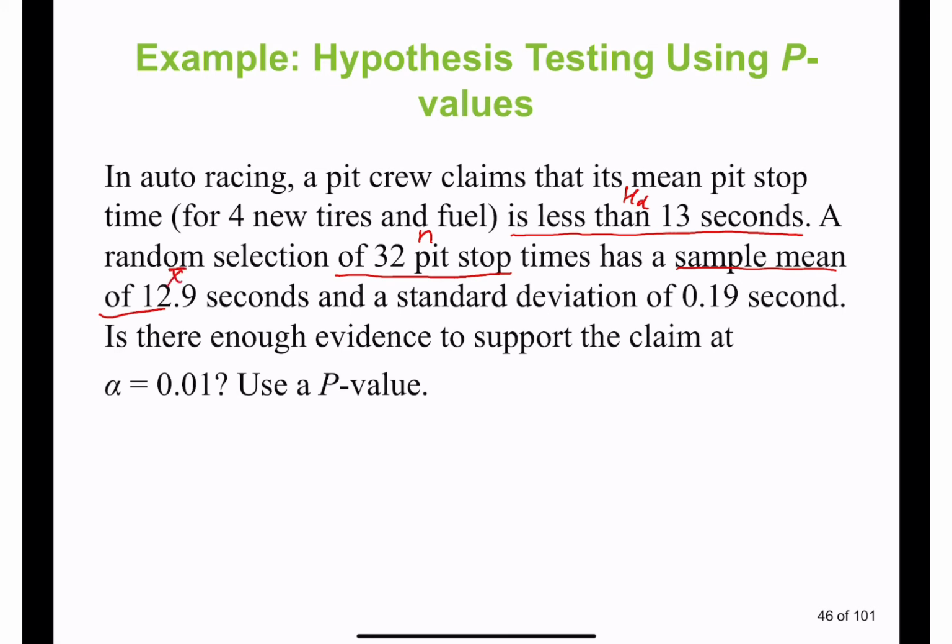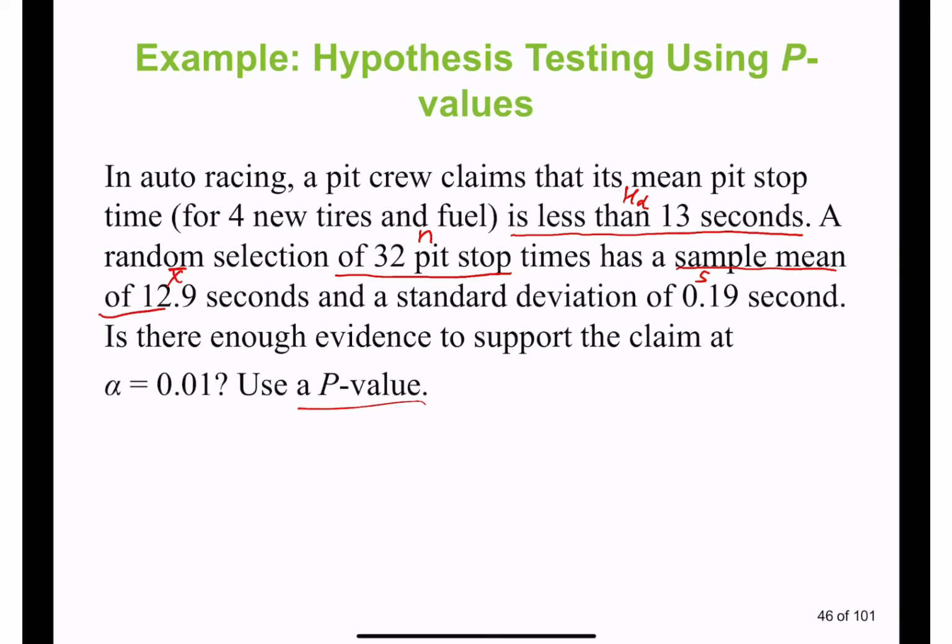And standard deviation s, because it's a sample, is 0.19 seconds. So is there enough evidence to support the claim, or do we reject it? Alpha is 0.01. So what do we have to do? We need to find the p-value and then compare it to alpha, just like we were doing before.